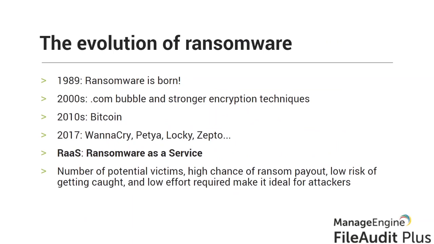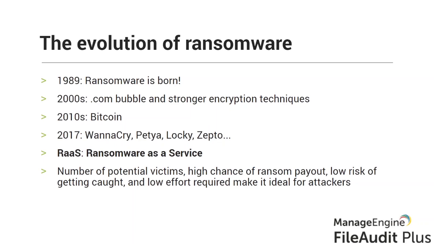Back then, it was a bit of a failure, in the sense that no one really was concerned about it. Ransomware wasn't even a thing back then. It was at a very primitive stage, and ransomware strains had very basic encryption techniques.